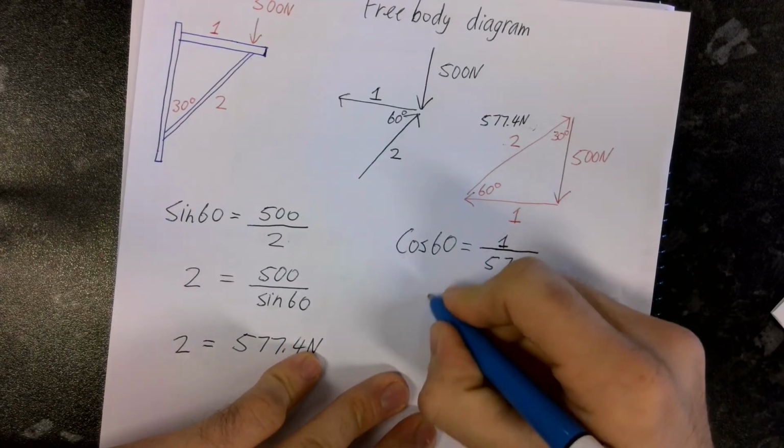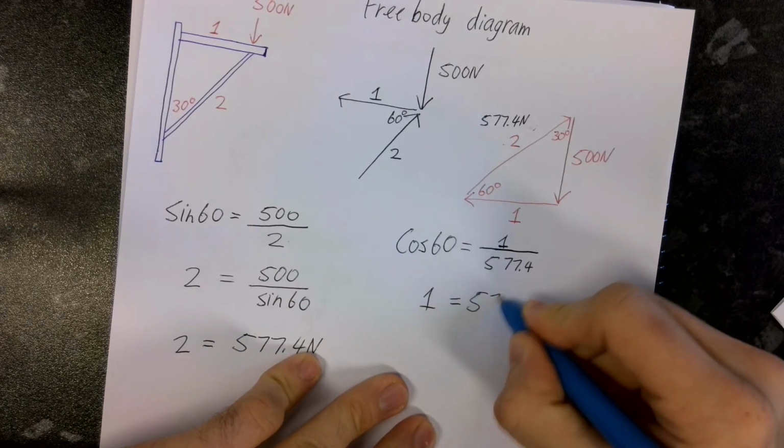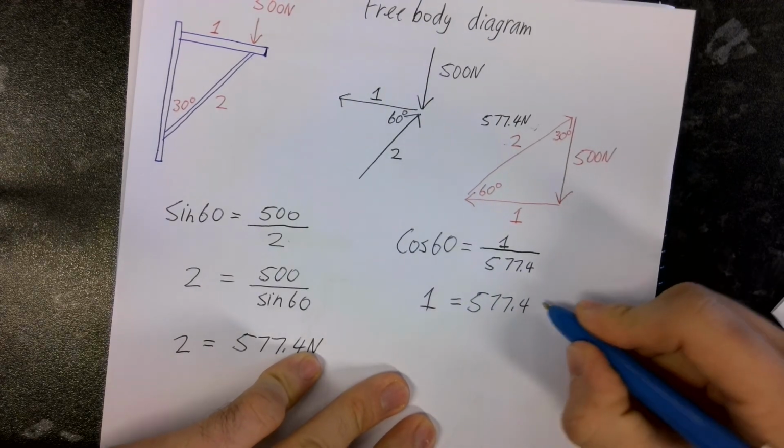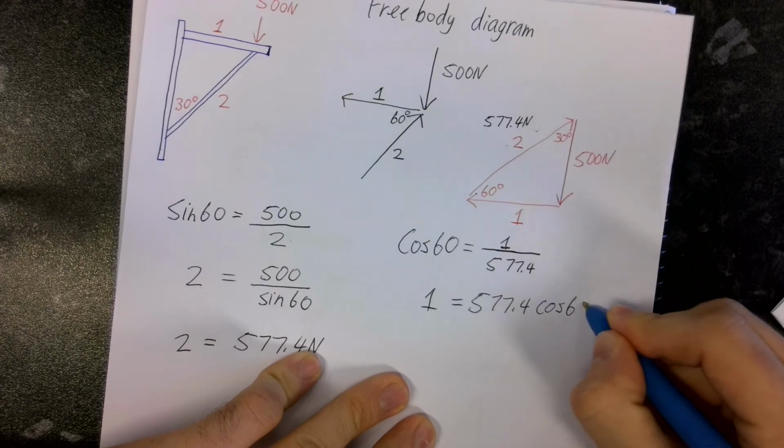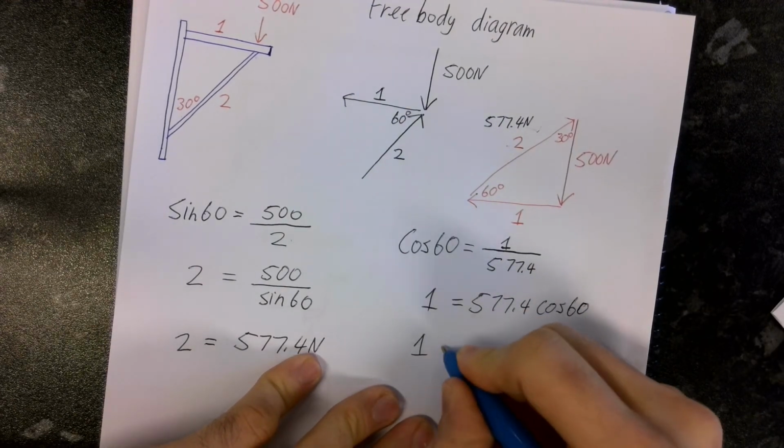Get number 1 by itself, so number 1 is equal to 574.4 cos 60. Okay, number 1's by itself.